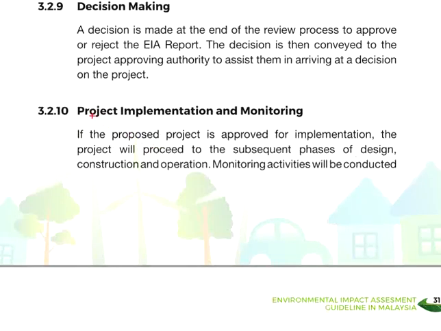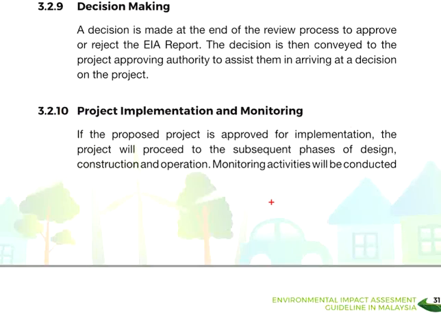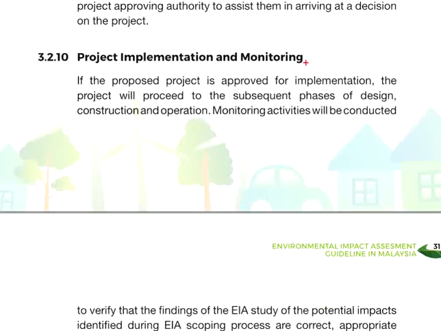Next step, it will be the project implementations and monitoring. This leads to the subsequent phases of the design, constructions, and operations. Now, the implementation should be in accordance to the planning as specified by the EIA report.